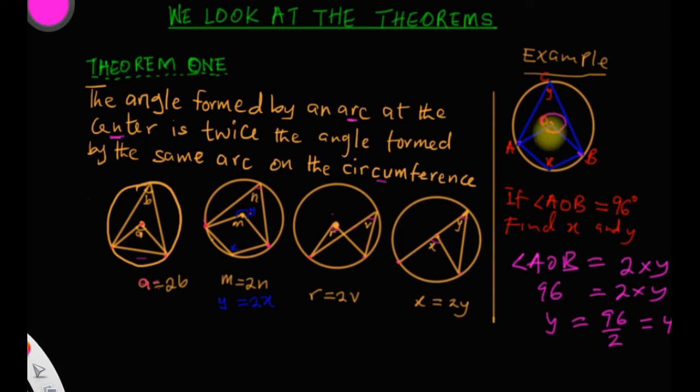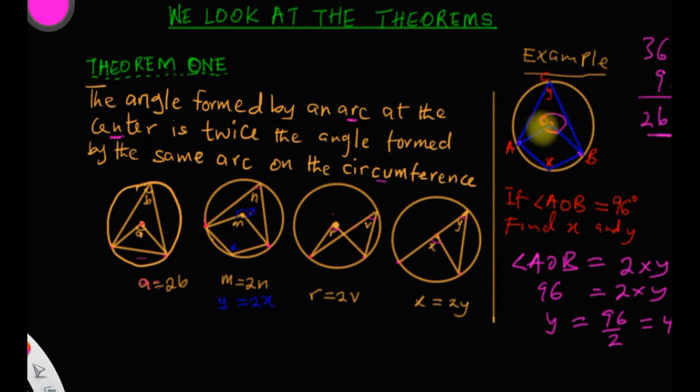So if this one is 96, then this side will be 360 minus 96, which gives us 264. Checking by adding, 264 plus 96 gives 360.